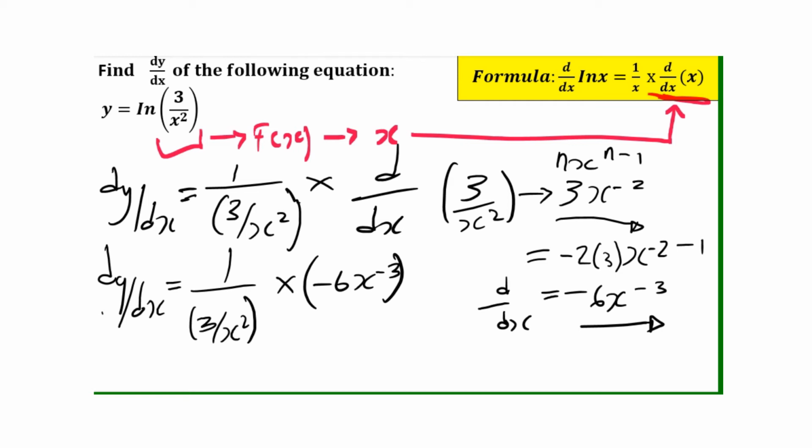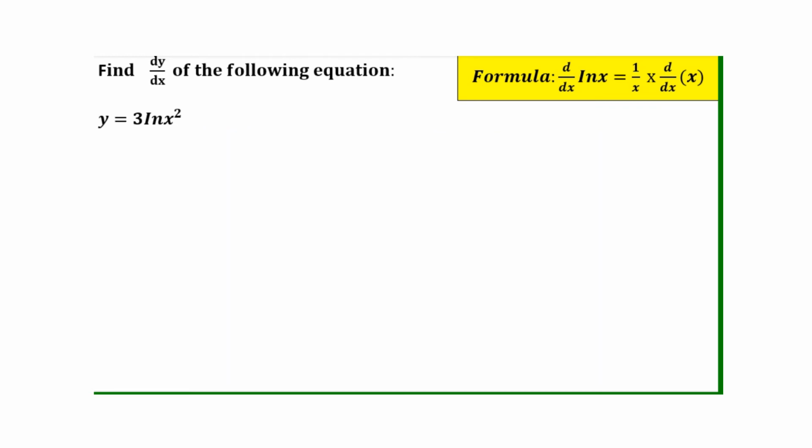Okay, so we're gonna move to the next example. Here we have got a constant of 3. Just apply the same method. Remember, this is your f of x, your function of x, but in my case it's this x squared.